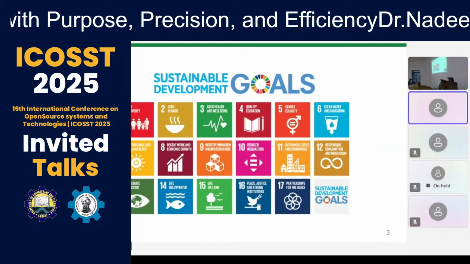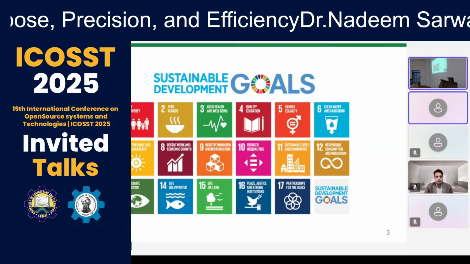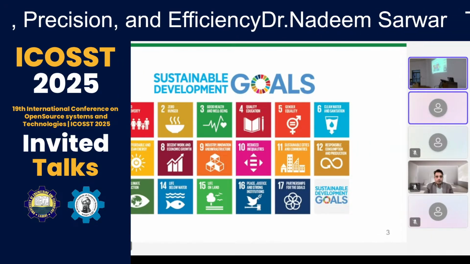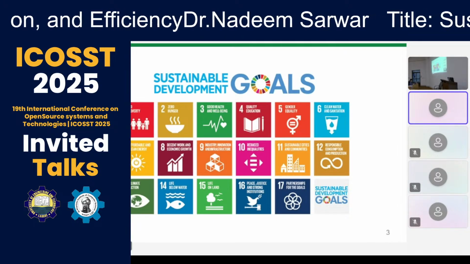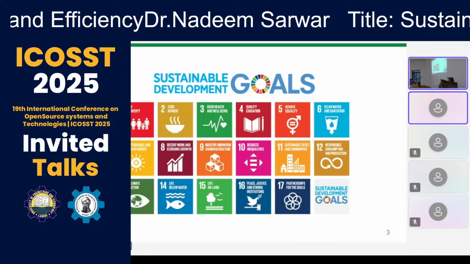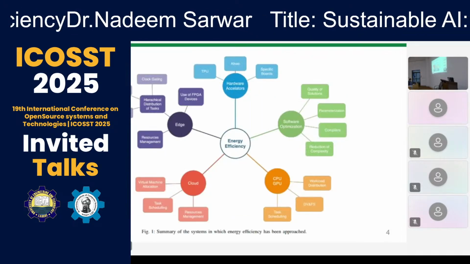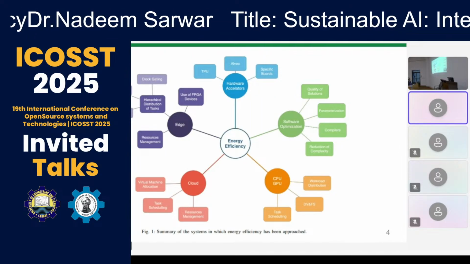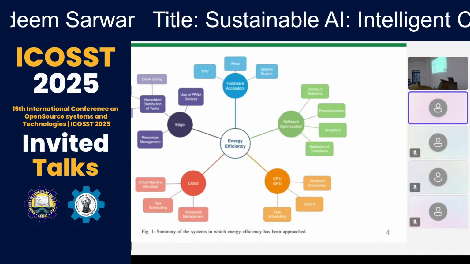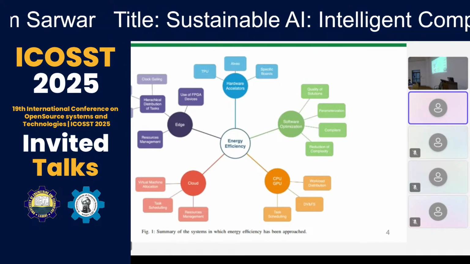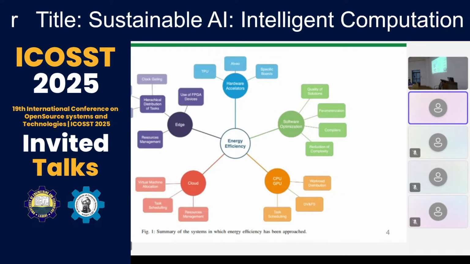As per the Sustainable Development Goals, we have these 17 SDGs, where climate action and energy, green energy, and affordable and clean energy are also part of them. We can use resources like edge, DevOps, deep pipelining, TPUs, and specific boards. These are all relevant to energy efficiency.